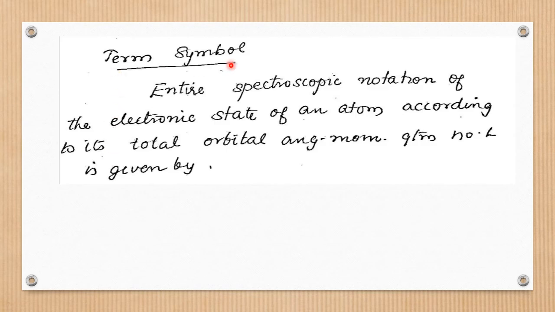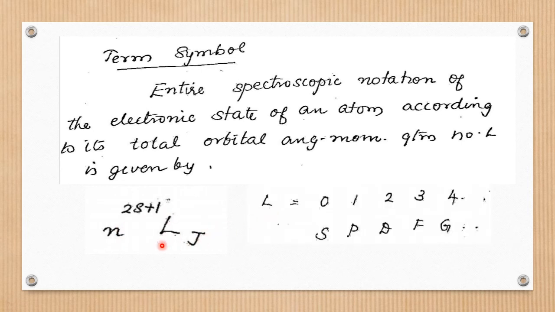Now next is the term symbol. The entire spectroscopic notation of the electronic state of an atom, according to its total orbital angular momentum quantum number L, is given by a term symbol, which is represented like this: n, 2S plus 1, L, J, with n in the front, where capital L is equal to 0, 1, 2, 3, etc. for S, P, D, F, etc. These capital letters symbolize the entire spectroscopic notation of the electronic state of an atom.